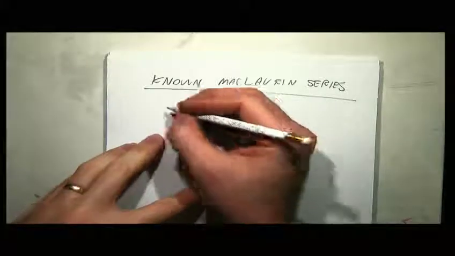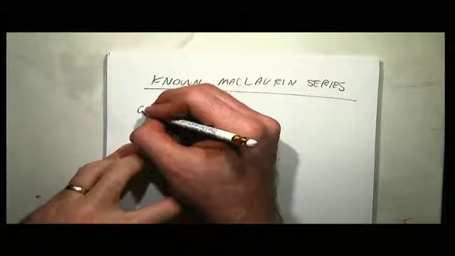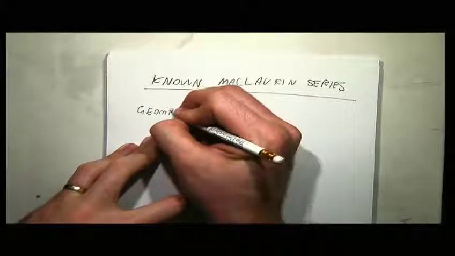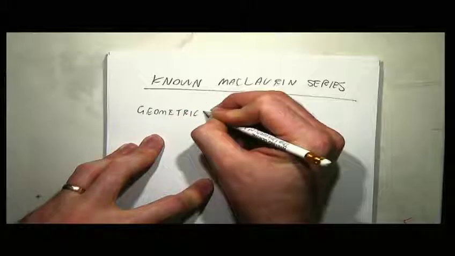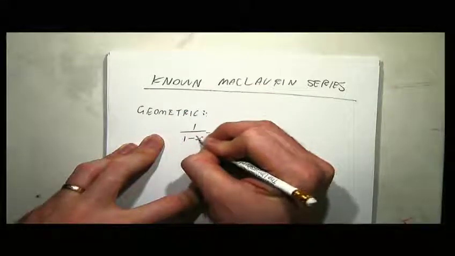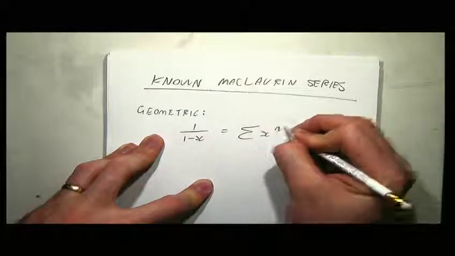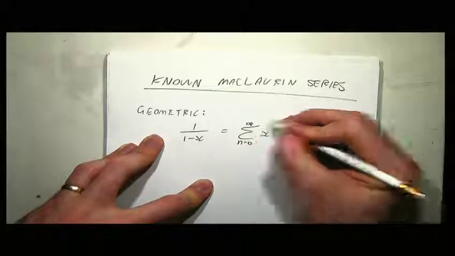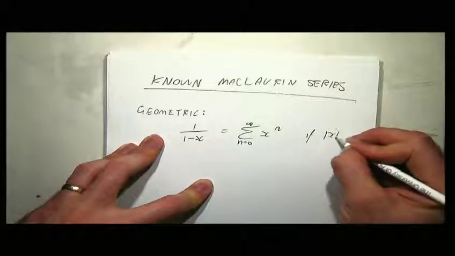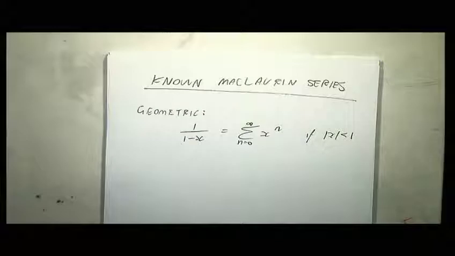So here we go. We've got geometric series, the geometric series 1 over 1 minus x. If you find the Maclaurin series for that, so you've got f dash 0, f double dash 0, and all the n factorials, you will get this.